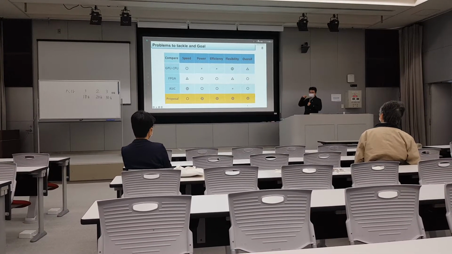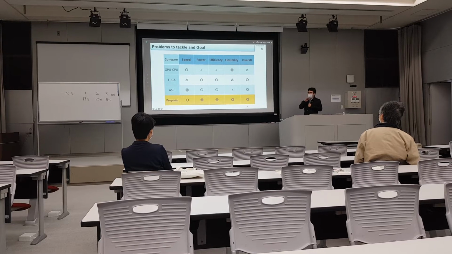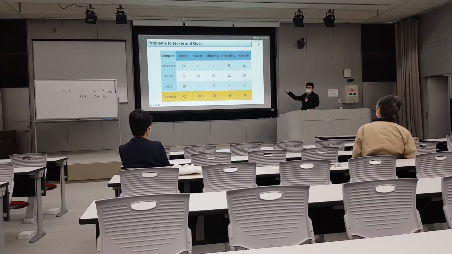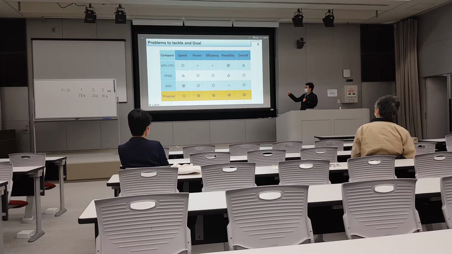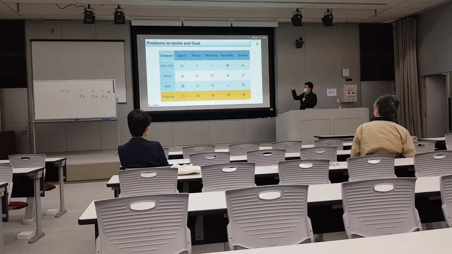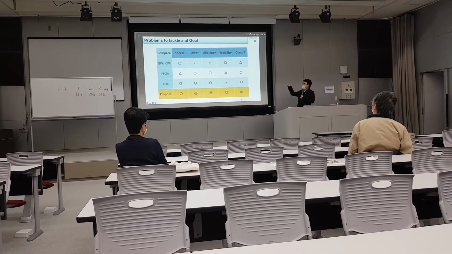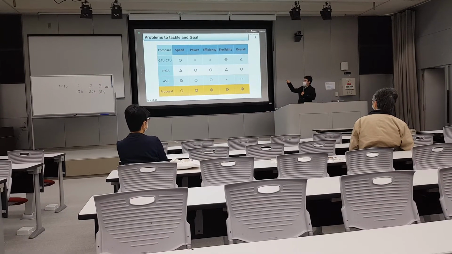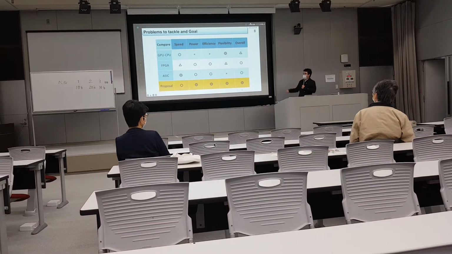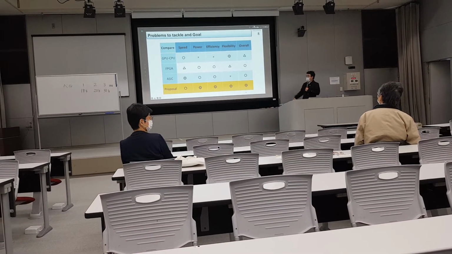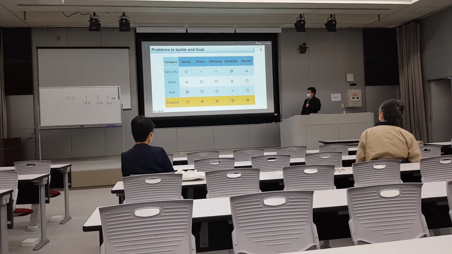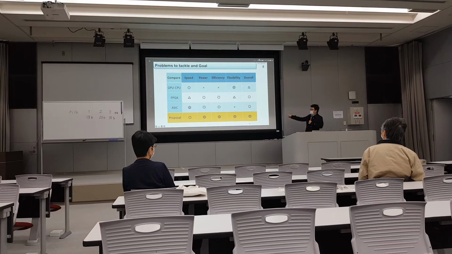In the thesis I used 5 levels for the overall evaluation, but in this case I just use 4 levels. The lowest, zero, is the x symbol, then the triangle, then the circle, and the best is excellent. For the ASIC, although the speed is excellent, it has no flexibility until now.